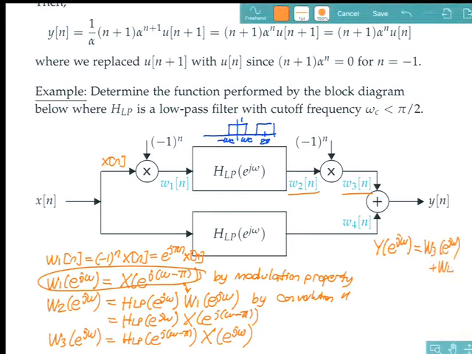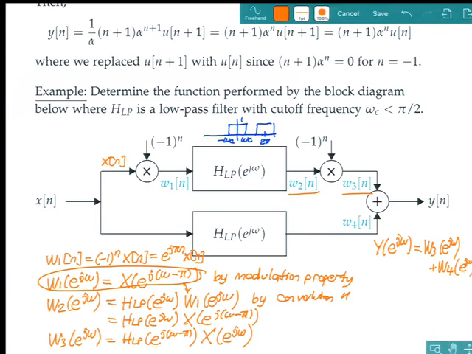Essentially, the quick answer is I'm adding a low-pass filtered signal to a high-pass filtered signal. So I passed low frequencies, I passed high frequencies. If there was a little gap between those two, whatever frequency lied on that gap, that got stopped. Okay? So this would be a band stop filter. That's a quick answer, but the purpose of this example was more to practice the properties.